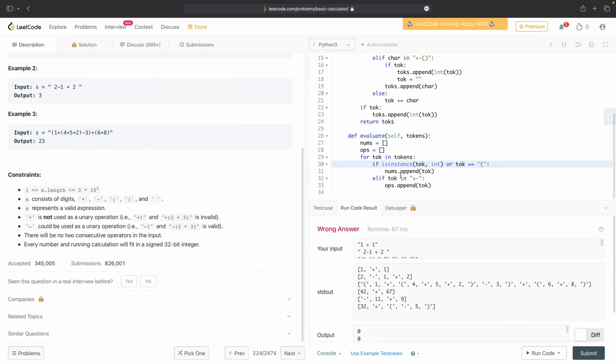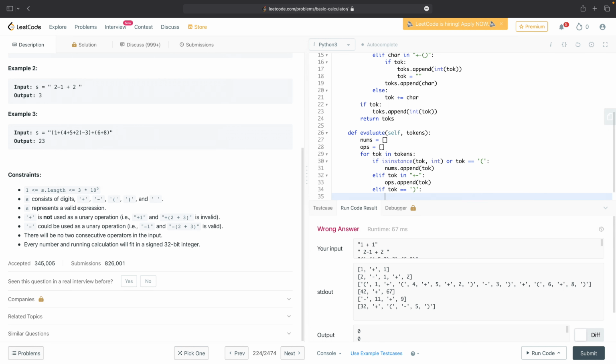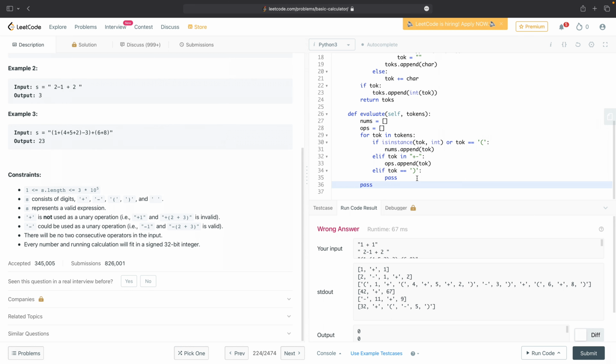Now that's a bit of a special case because how we handle parentheses is we basically create a new mini stack. And the idea is that elif tok is equal to a closed paren, this is where the magic happens. And there's also some magic happening after we've gone through all of our tokens. So, and it's the same magic basically.